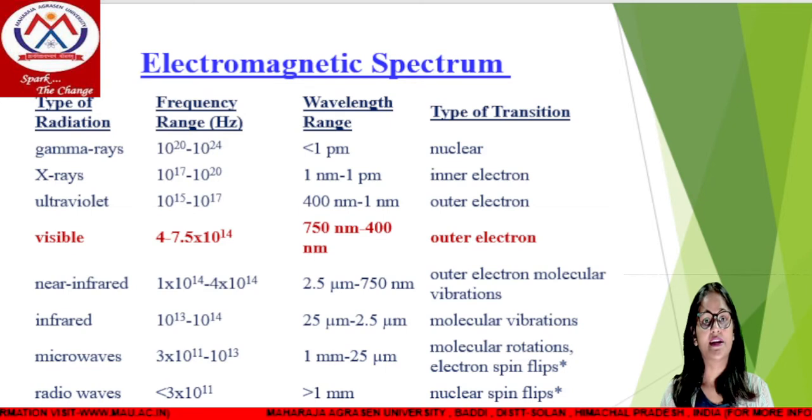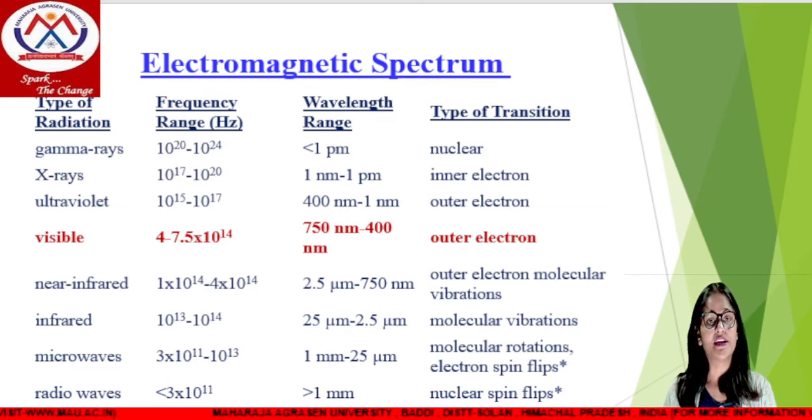This is the electromagnetic spectrum. Different types of radiations, when arranged in terms of increasing wavelength or decreasing frequency, form an electromagnetic spectrum. Whenever these radiations interact with a substance, certain types of interactions or transitions are observed.